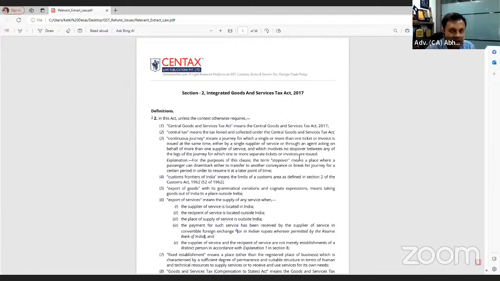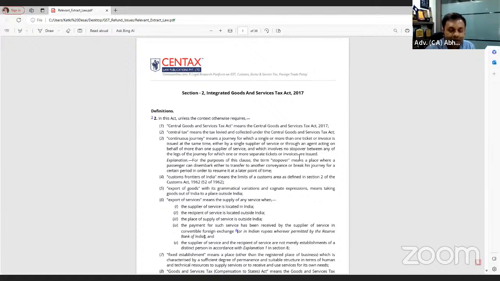At this point in time, please pay attention to the fact that the definition of export of goods under the IGST Act does not contemplate the realization of the export proceeds for the transaction to qualify as exports. What is to be satisfied is the aspect of taking the goods out of India to a place outside India. If a transaction in question satisfies this particular aspect, then that transaction would be considered as an export of goods.